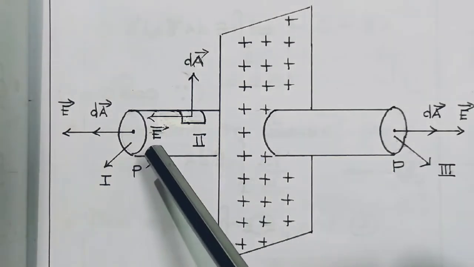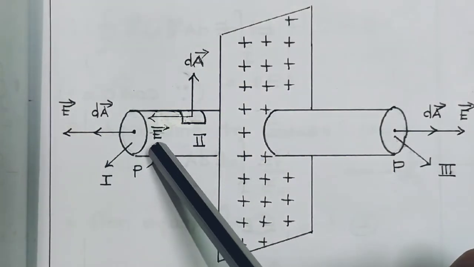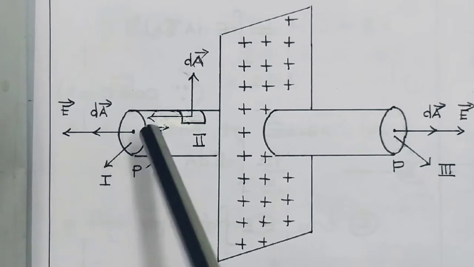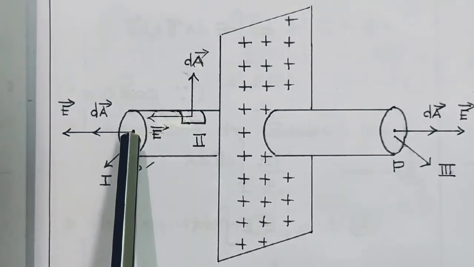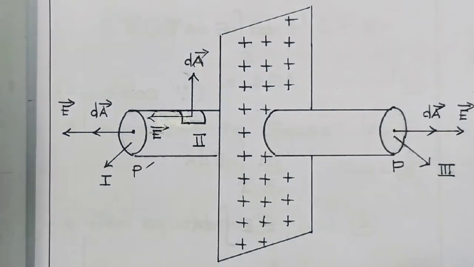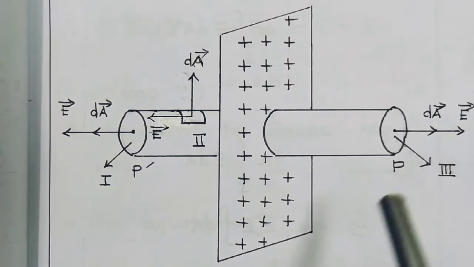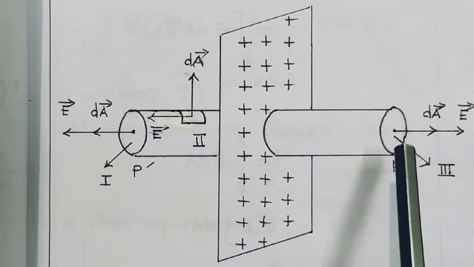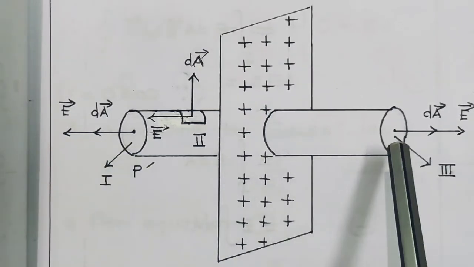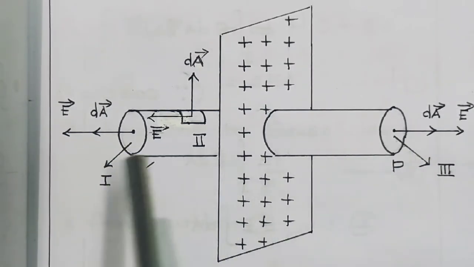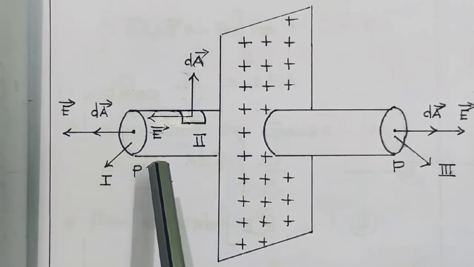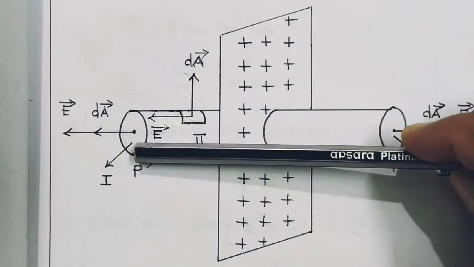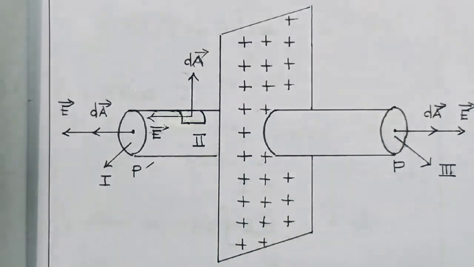Around that straight line, consider a Gaussian surface in the form of a cylinder placed in the horizontal direction. Now in this cylinder we have two circular surfaces, here and here. In addition to that, we have a curved surface like this.